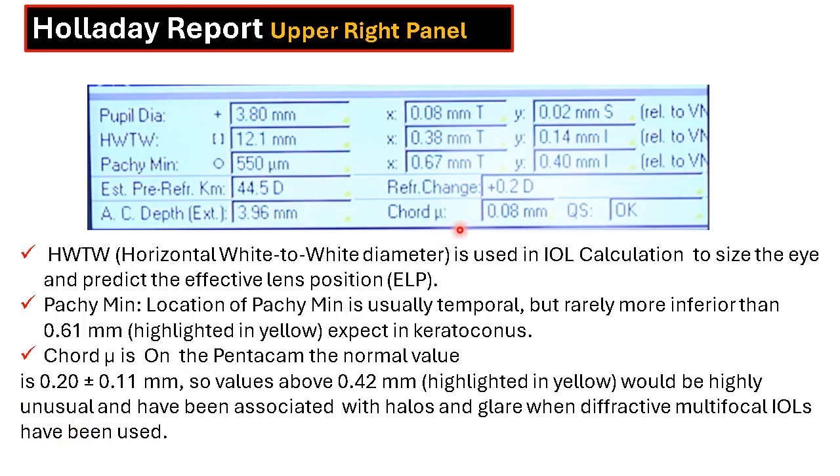If this value is greater than 0.42, this indicates that your patient is not a good candidate for a multifocal or diffractive IOL, because he will complain of halos. So this is very important. A chord value of more than 0.42 makes your patient unsuitable for any sort of diffractive intraocular lenses. Now this patient has 0.08, which is still within normal limits.